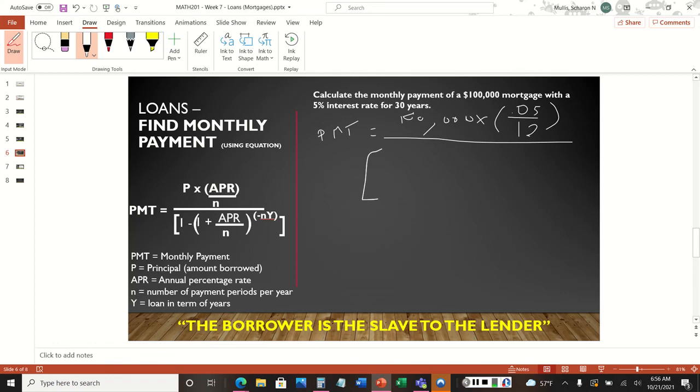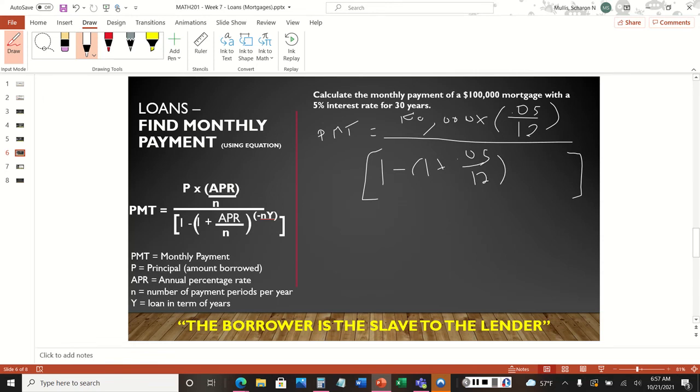Remember, the brackets are very important because this number at the bottom usually ends up as being a negative number, and those brackets allow the negative number to be turned into a positive number. So the brackets are very important. So we have 1 minus, in parentheses, 1 plus 0.05 over 12.